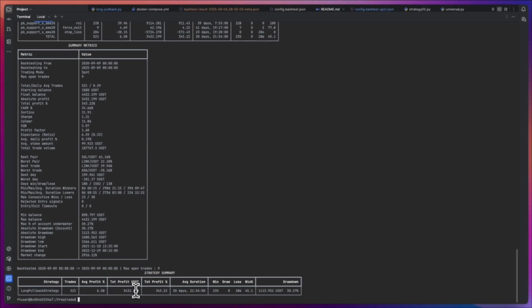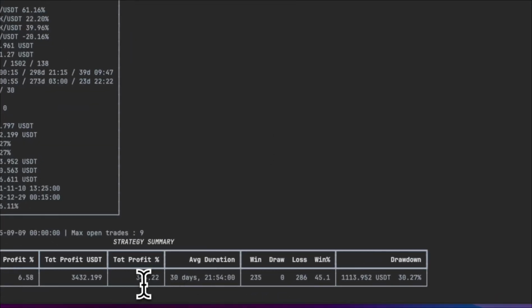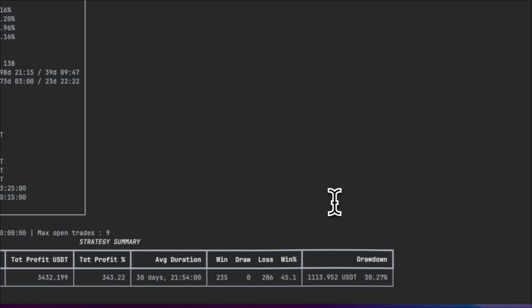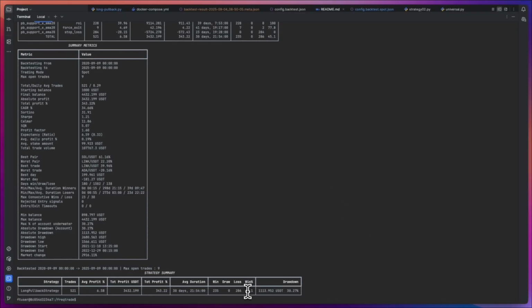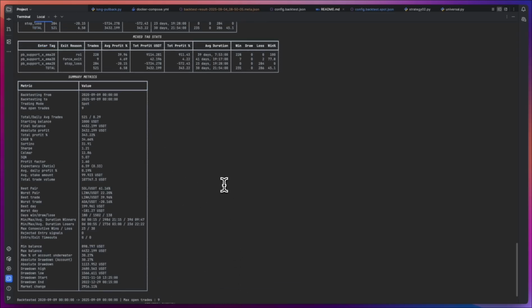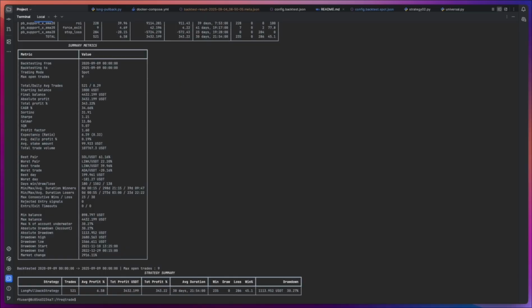If you see the statistics, our total profit for the 5 years was 343%, but the drawdown was 30%, and we can see that the winning ratio is 45%. So we're still losing a lot on inaccurate entries, but besides that, we can clearly state that the strategy is really profitable. Even if the profit is good, we are beating the stock market with this profit.